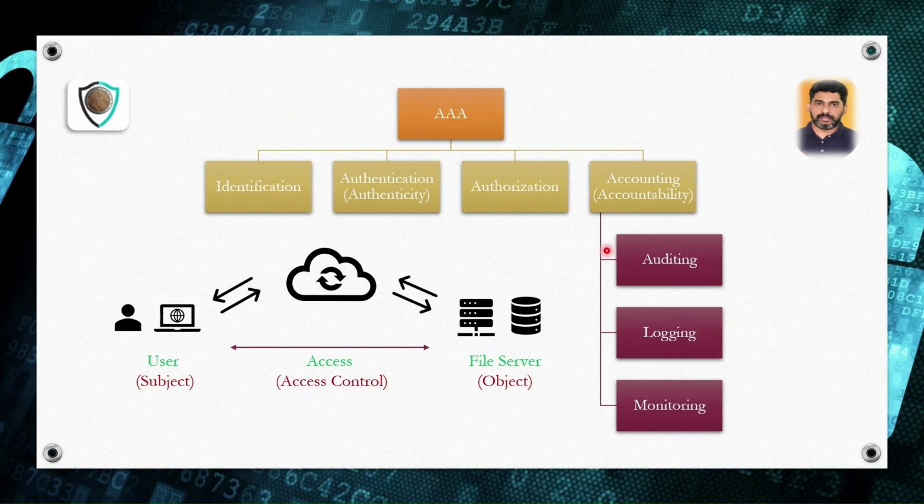And this log file will be monitored to understand what has happened or how much time a particular user has used something. So accountability or accounting actually consists of three sub-concepts: auditing, logging, and monitoring. Each of these concepts we will discuss in detail one by one in the coming videos.